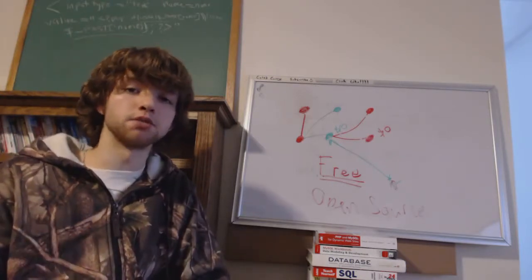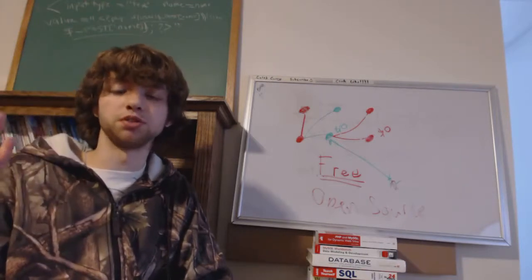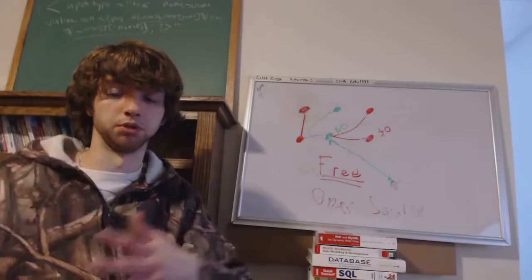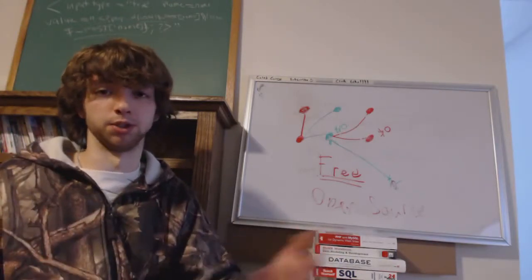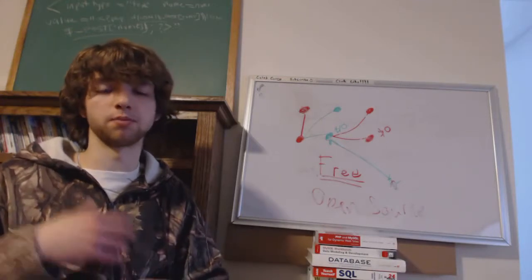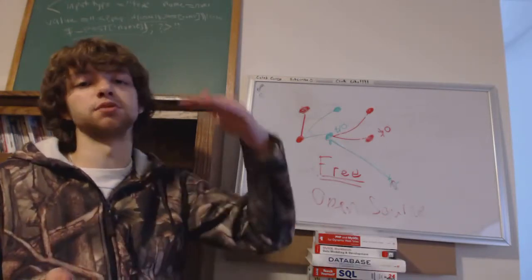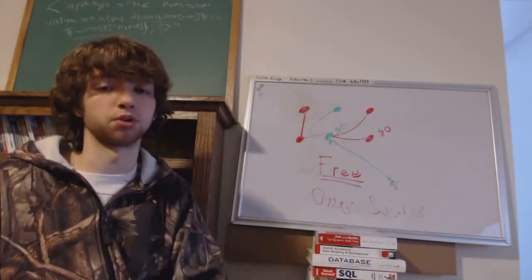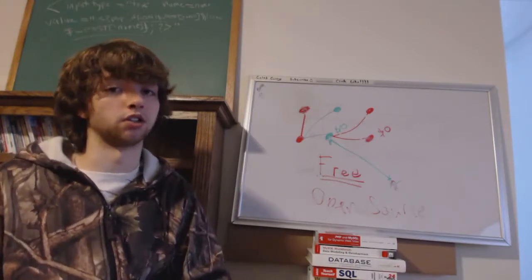Now there's different levels of open sourceness, so you can have open source programs that you can redistribute. You can have open source programs that you can modify and redistribute. And then you can have open source programs where you can only look at the source code. So there's different levels of what you're allowed to do, and that's going to change from program to program, from license to license. So that's something you're going to need to look over.